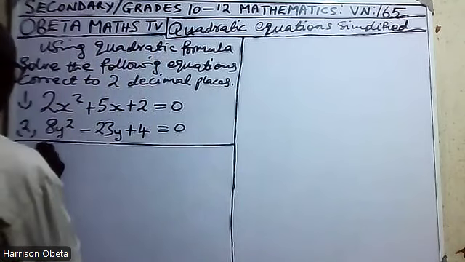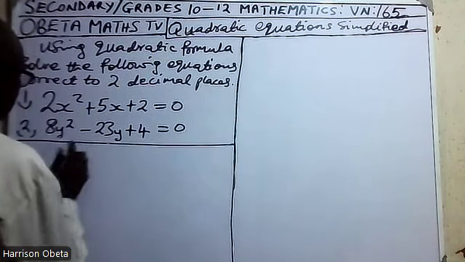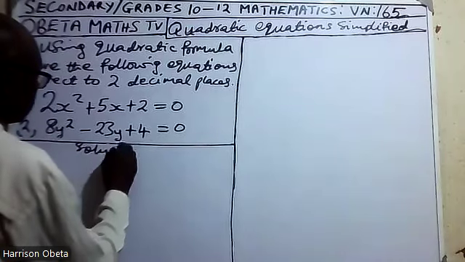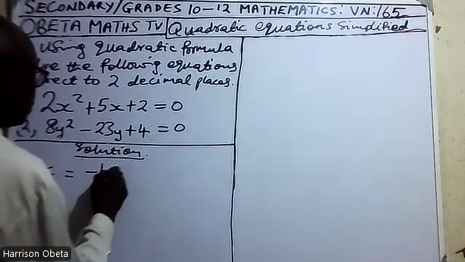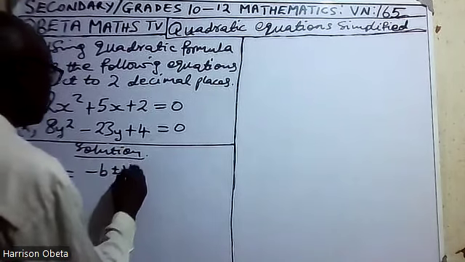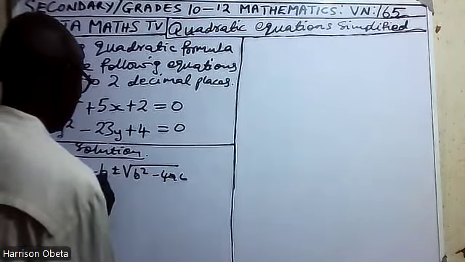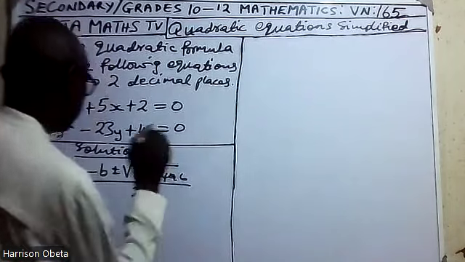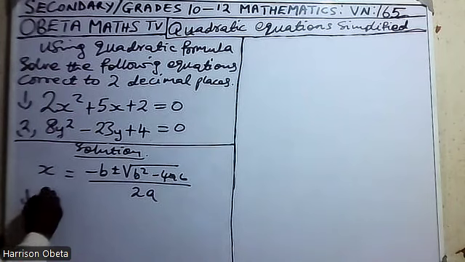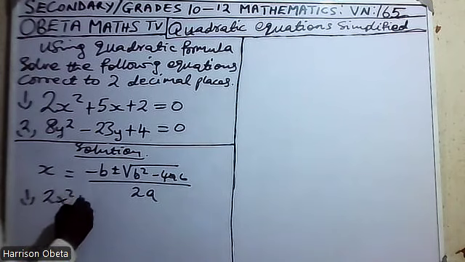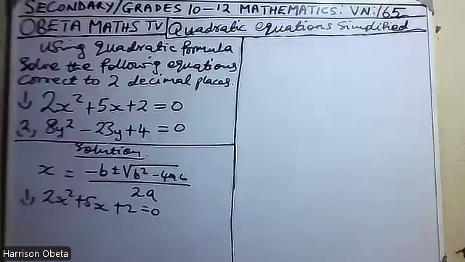So according to the general formula, x is equal to minus b plus or minus square root of b squared minus 4ac, everything over 2a. And then we are talking about question number 1, 2x squared plus 5x plus 2 equal to 0.